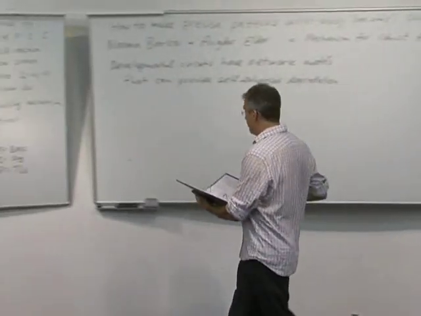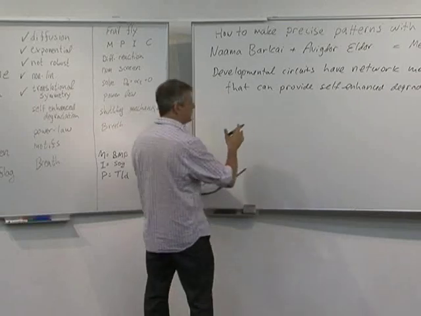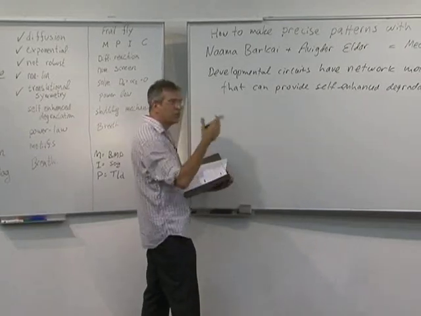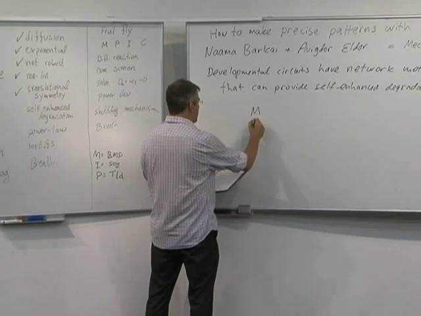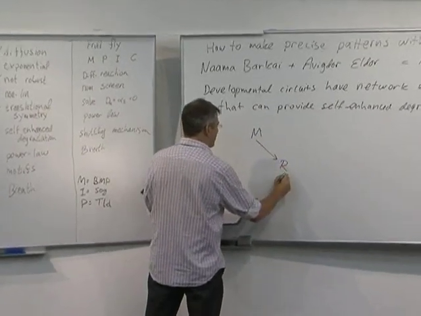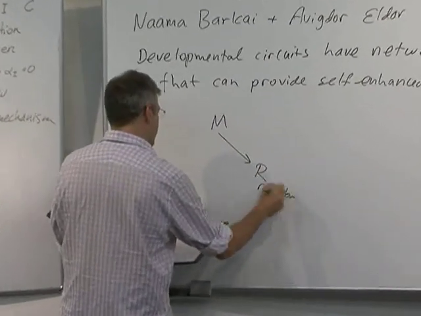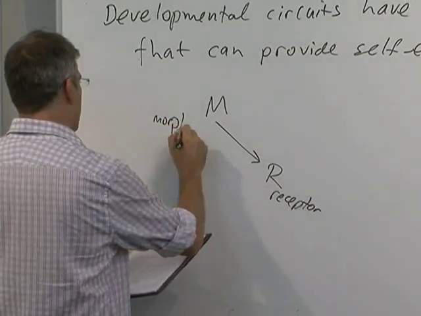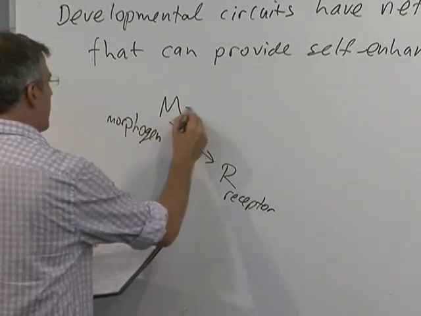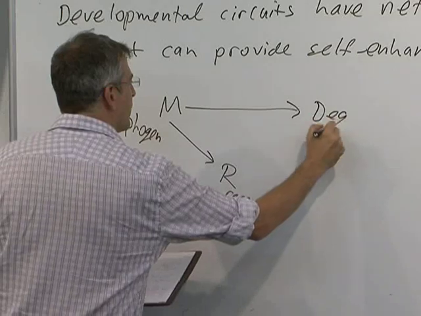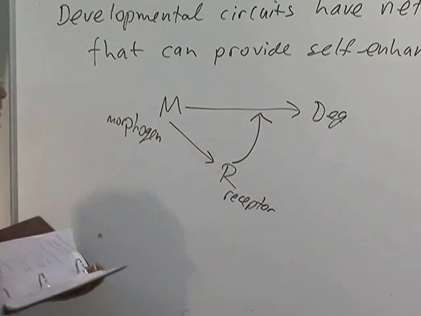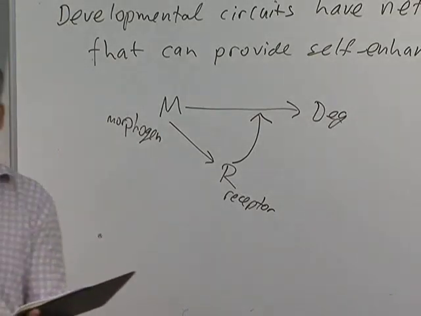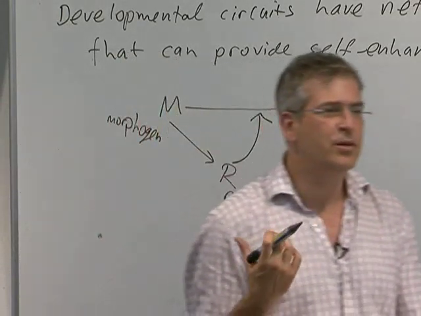Again, there are probably dozens of circuits that have been worked out in different organisms. So this is the morphogen. It binds to the receptor. It gets degraded. Binding to the receptor is actually the mechanism of degradation in these systems.